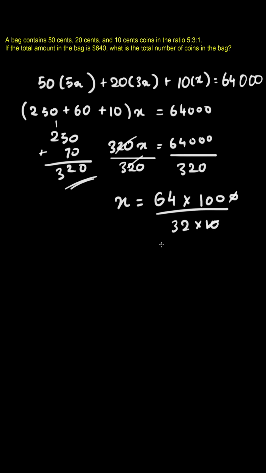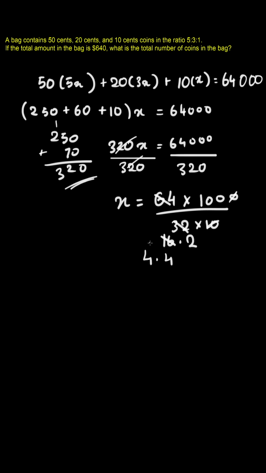I can cut that. I know 32 is 16 times 2, and I can factorize this to 4 times 4, so 4 times 4 times 2.